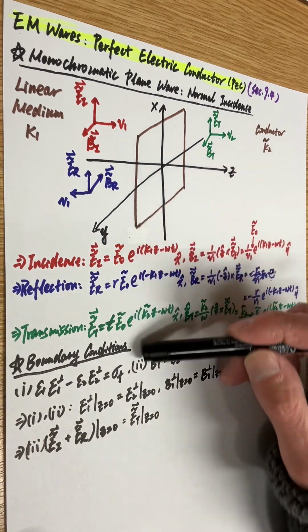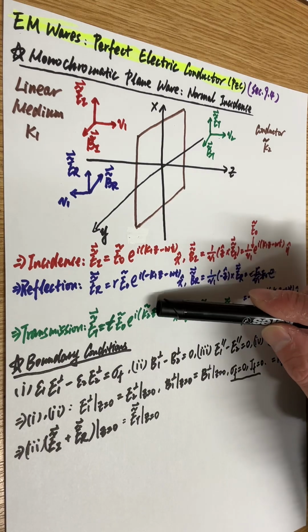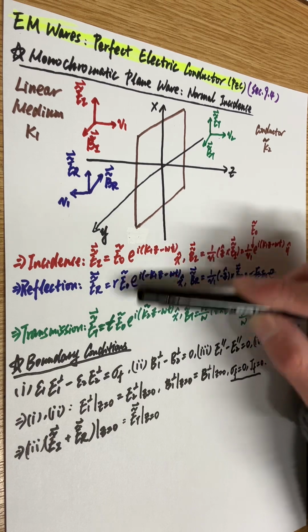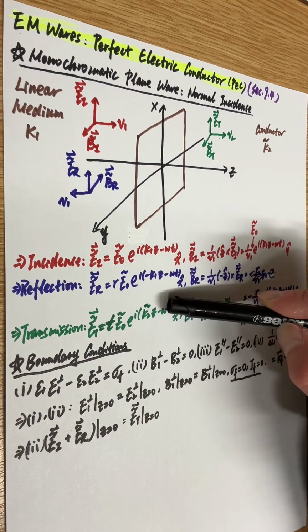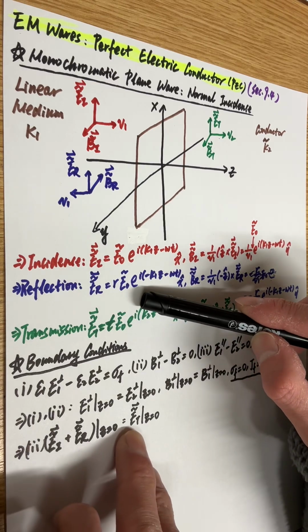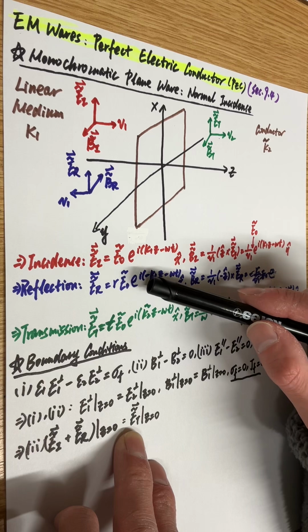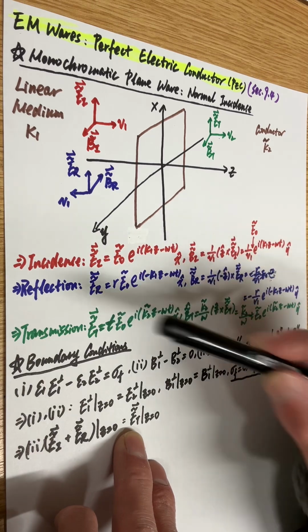Now if we look at all the electric fields, when z equal to 0, these are all 0, and then omega t is the same for all of them, so they get cancelled. And then E0 is the same for all of them. So this boundary condition gives us a very simple relationship between R and T, which is 1 plus R equals T.